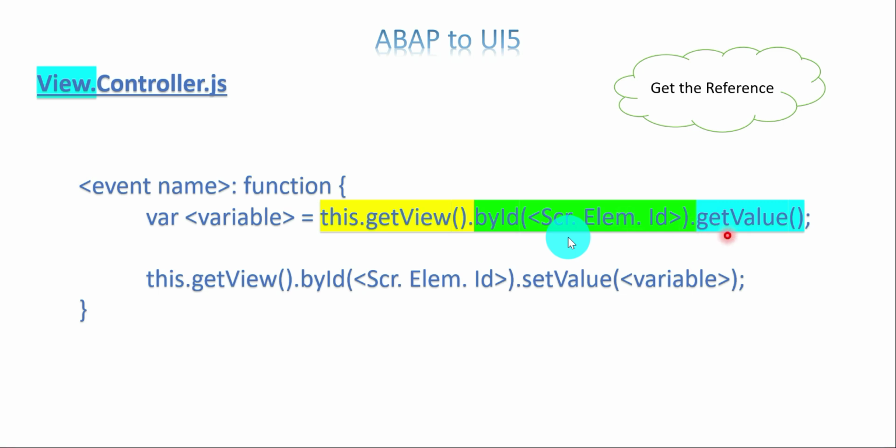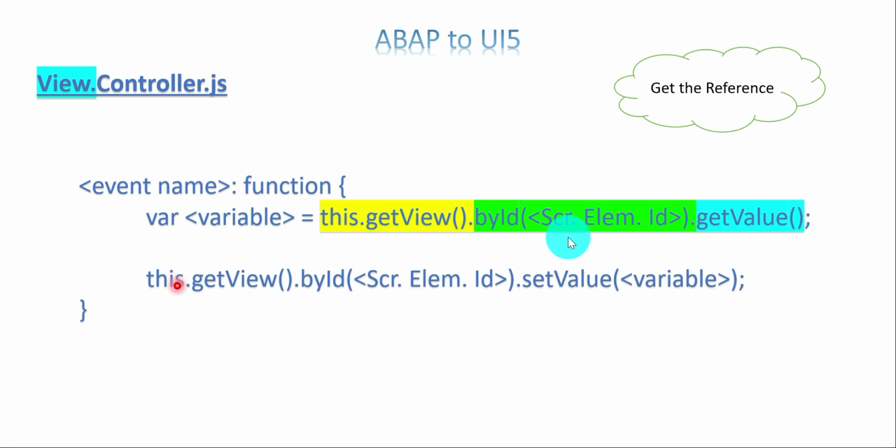Once you get it, it automatically goes and gets placed in a variable. The variable declaration starts with var, which is again a keyword, you can see it's in blue color. And the variable name you can give whatever name you want. So this is one way of reading the value.